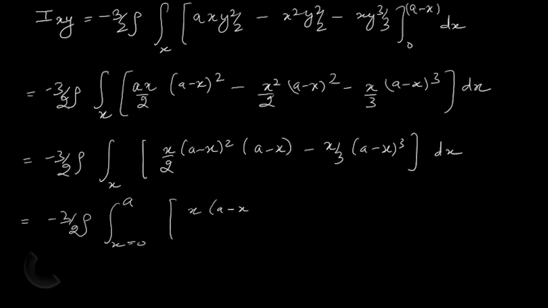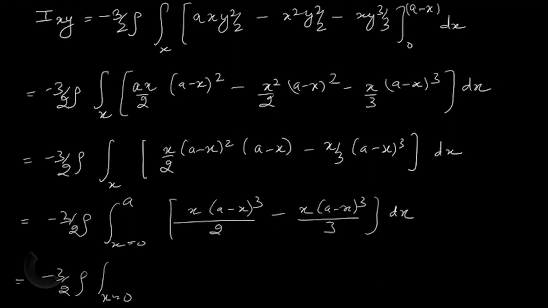So this is x (a minus x) whole cube over 2 minus x (a minus x) whole cube over 3 dx. So let's take x (a minus x) whole cube common. So this is half minus 1 over 3. So this is 1 over 6.